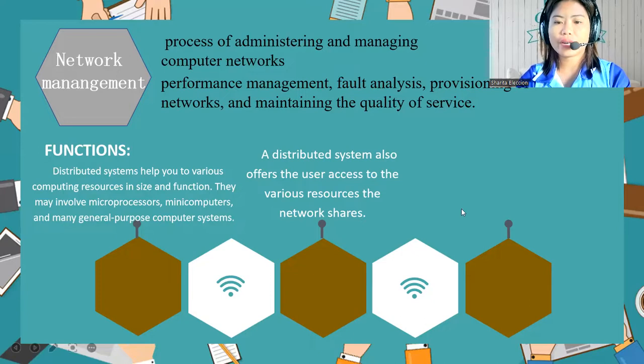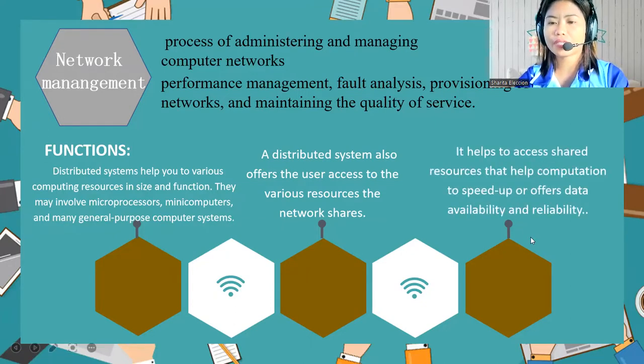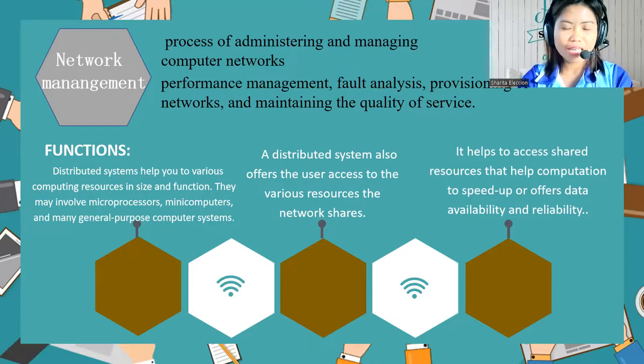So there is the sharing of the network in the distributed system. The next one, it helps to access shared resources that help computation to speed up or offers data availability and reliability. So that's the functions of network management in the operating system.